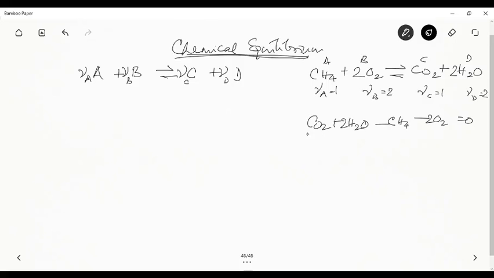So basically these are products and these are reactants. You write them with a negative sign because the reactants are getting consumed and the products are getting formed, and therefore we'll need to write it with that negative sign.